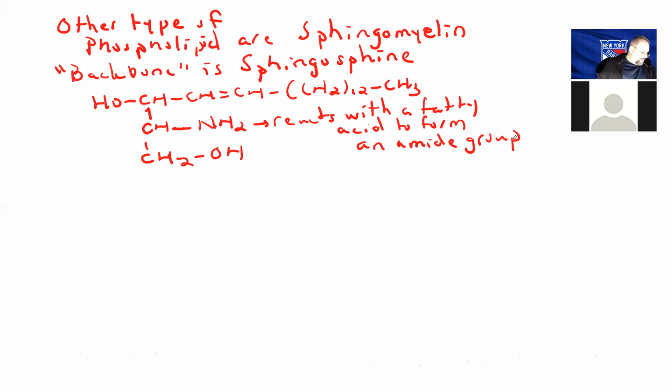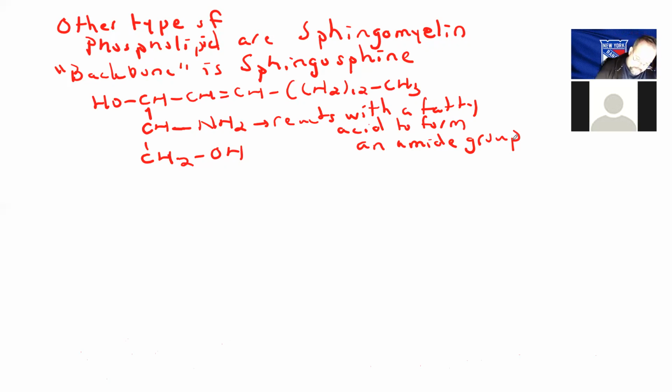And remember, we talked about amides previously. For your amides, essentially, you have C double bond O connected to nitrogen. So C double bond O connected to nitrogen, you have your amide.